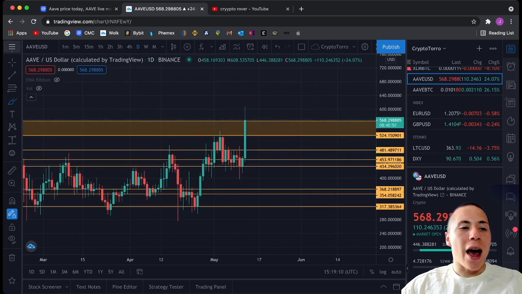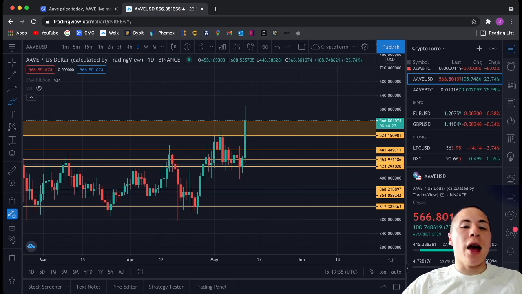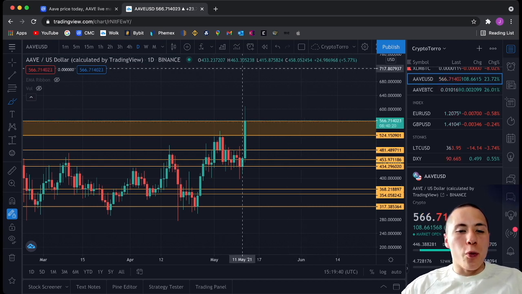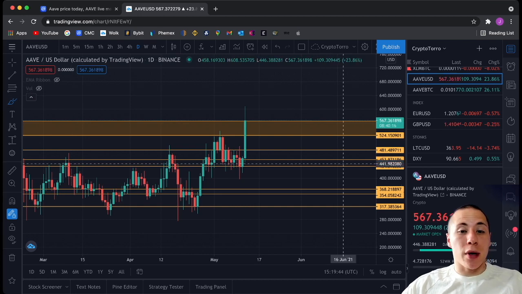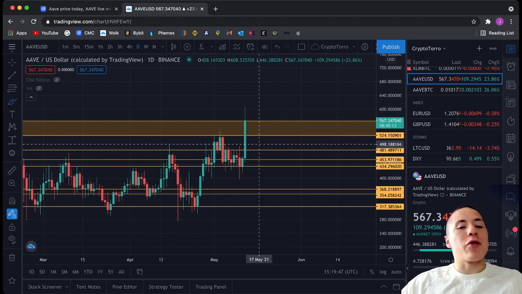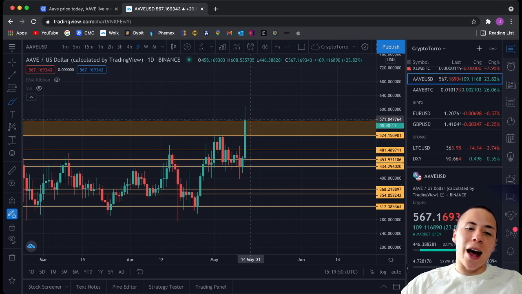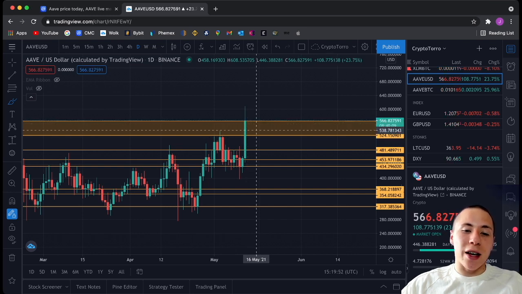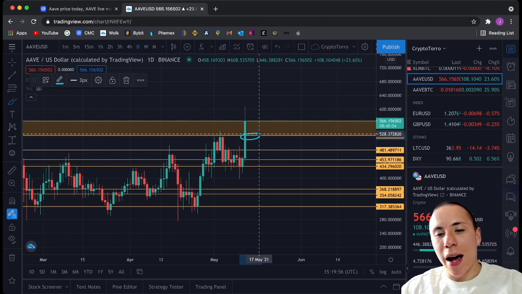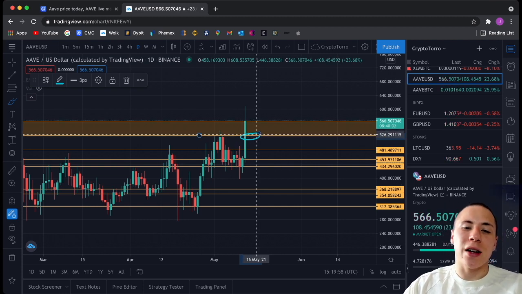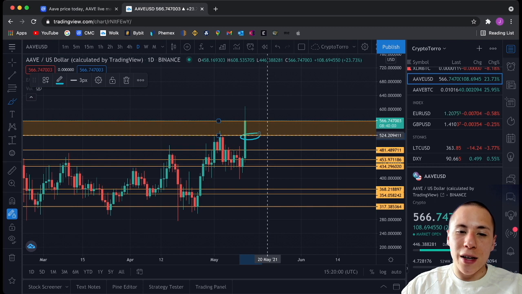asset lately. And what I would like to discuss today is the possible support levels where Eve would find support in the near future. So if this uptrend ends right over here, it would be really amazing if Eve found support on the previous resistance levels, and that would be above the $525.